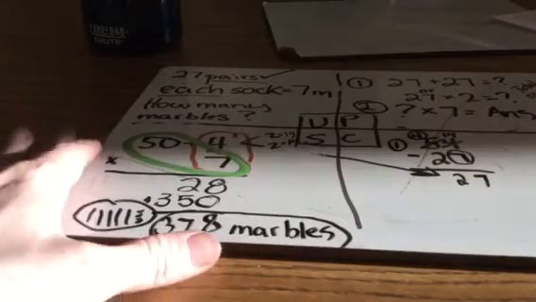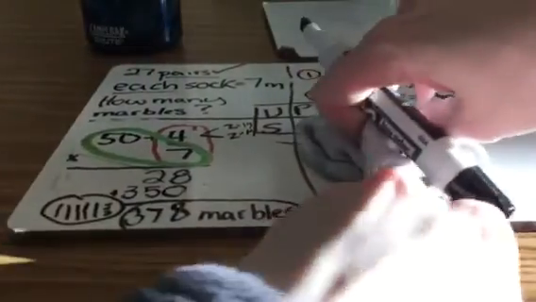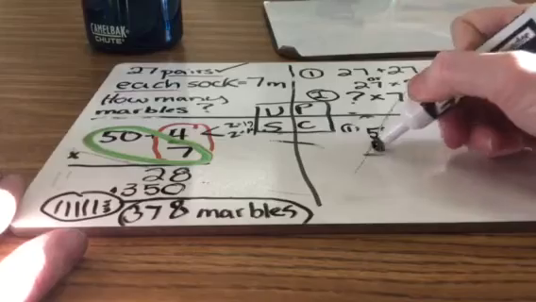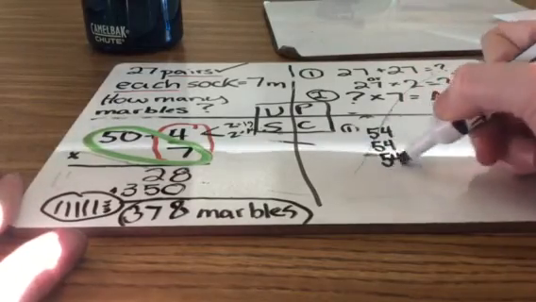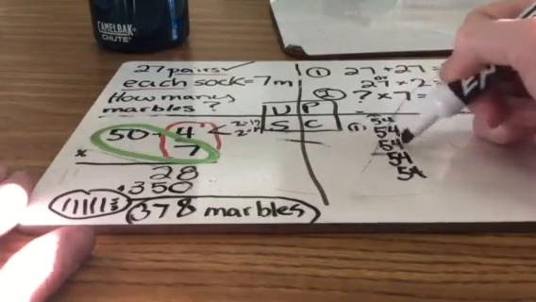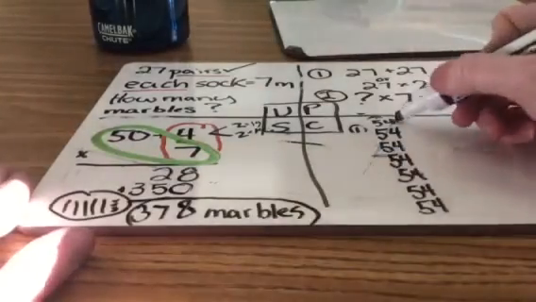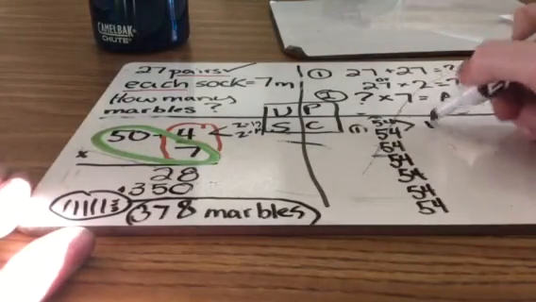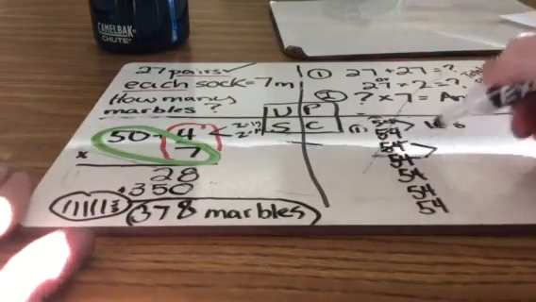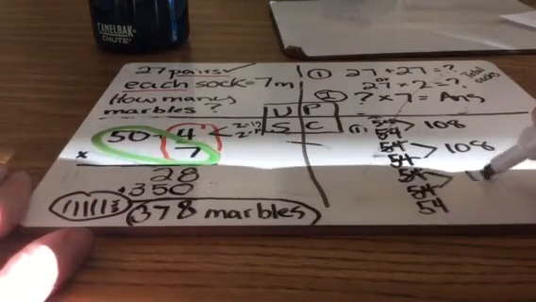Now to check it, since I don't know long division, I'm gonna do repeated addition with 54, and I'm gonna group them so it's not so tedious. 1, 2, 3, 4, 5, 6, 7. Okay, 54 and 54 is 108. That takes care of those two. 54 and 54, 108. 54 and 54, 108.